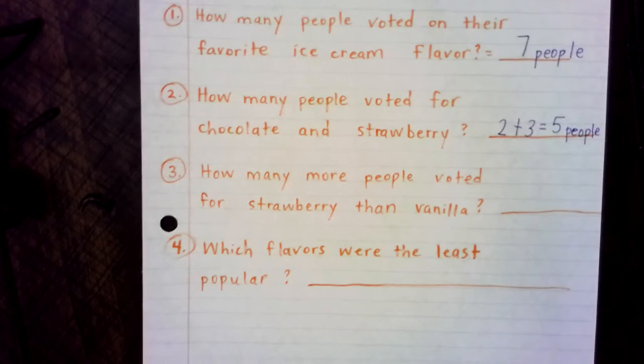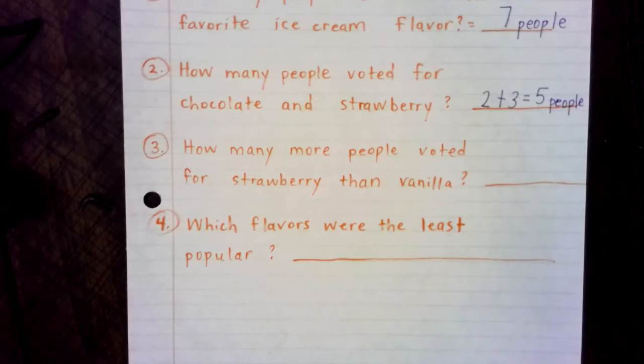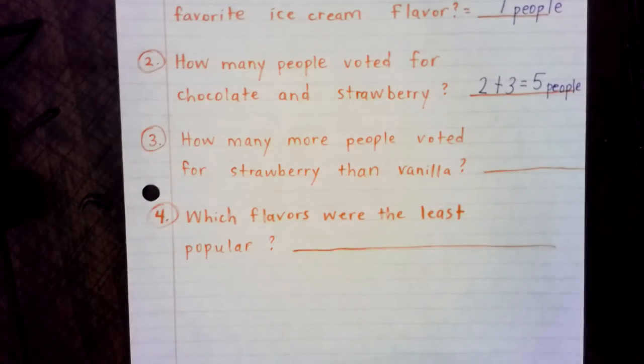Okay, our next question says, how many more people voted for strawberry than vanilla? What kind of problem does this sound like? Who said comparing? We're comparing, aren't we? We're comparing strawberry to vanilla. When we compare, we subtract.